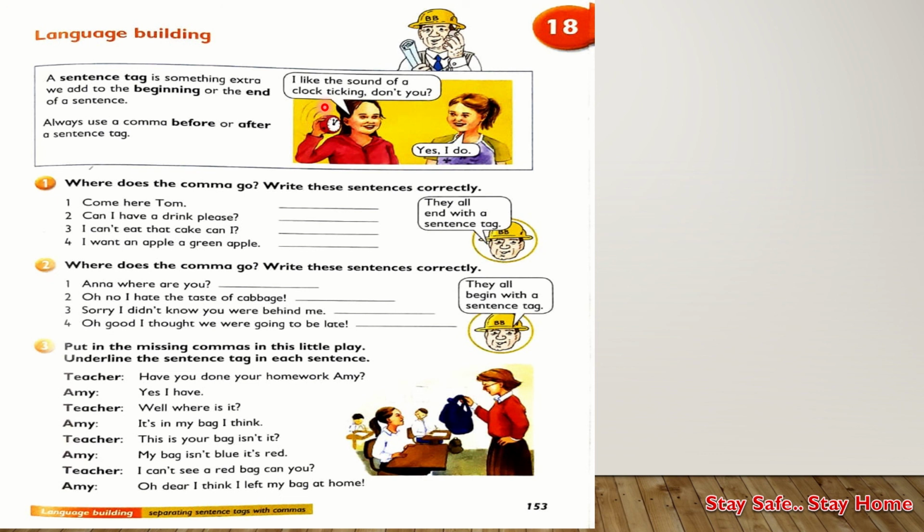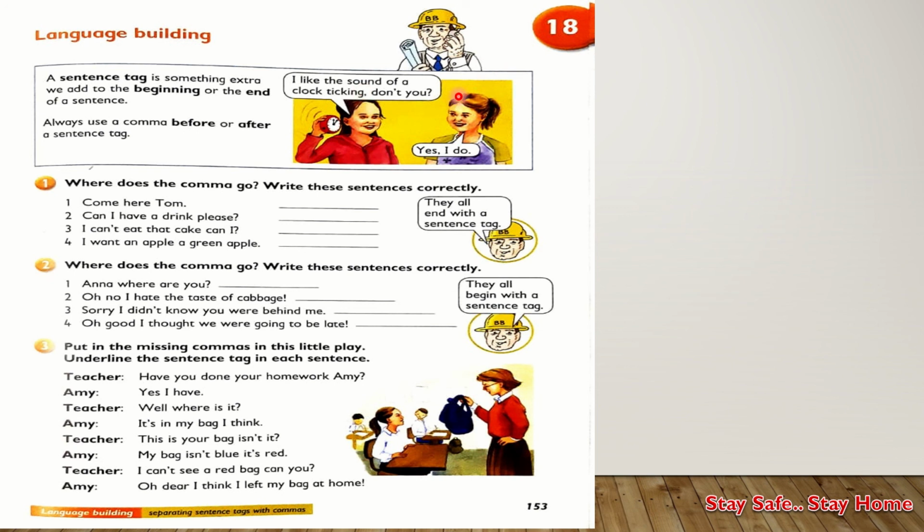Look here. I like the sound of a clock ticking, don't you? So the sentence here is I like the sound of a clock ticking. Up until ticking, this is a full sentence.